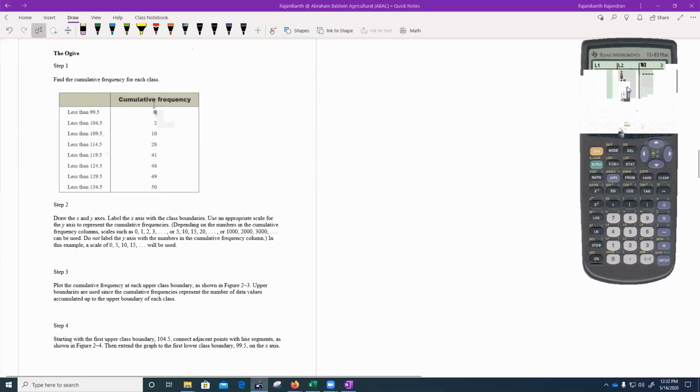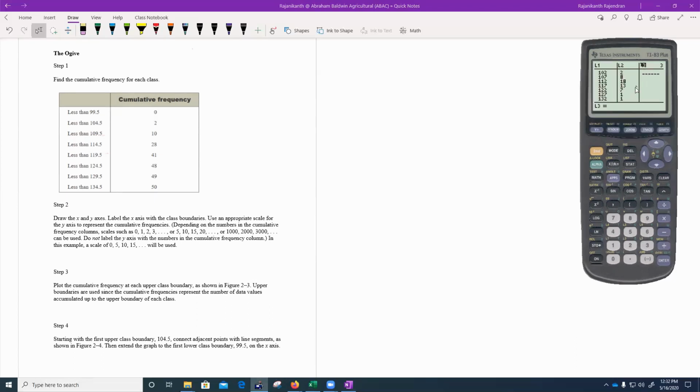You could do it in two ways. First, you could type all the values manually because we already have the cumulative frequency table. Suppose you do not have a cumulative frequency table, then you could find the cumulative values automatically by using the frequency values. I will show you how to find these values automatically.